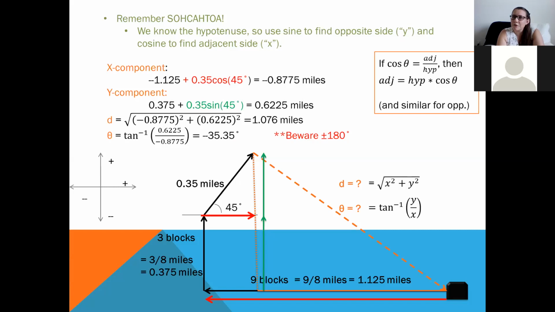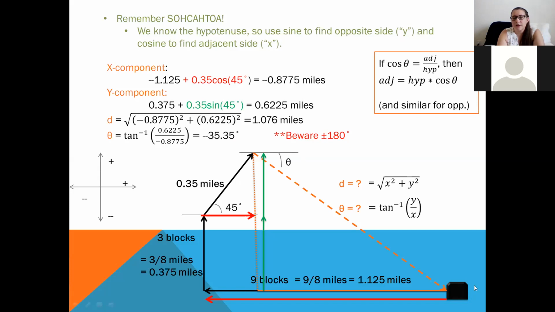We have to be careful just taking that angle at face value, because that's actually referring to this angle. Negative 35 means down from the x-axis. If we were asked to find the angle with respect to home, so this angle, again, we measure all of our angles from the positive x-axis.